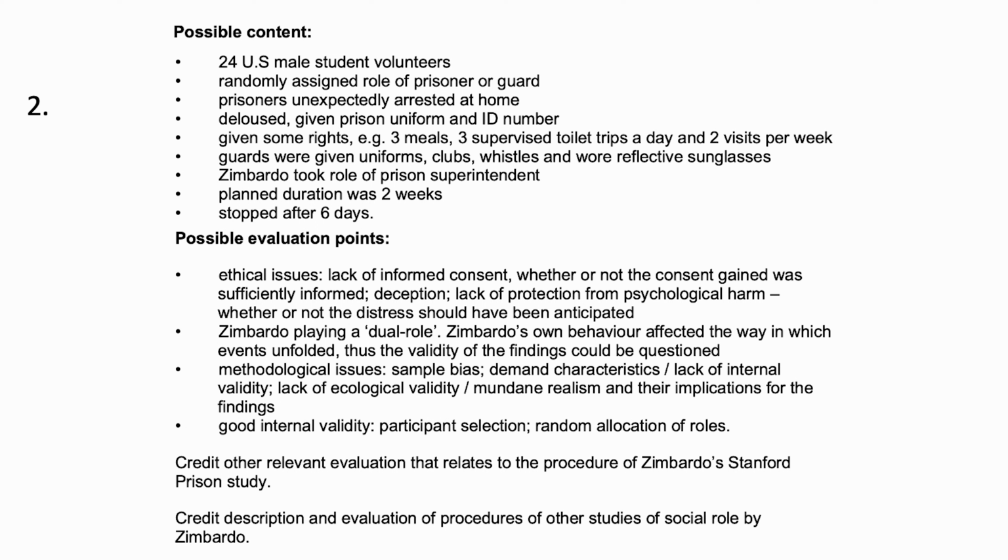Thus, the validity of the findings can be questioned. Methodological issues include sample bias, demand characteristics, lack of internal validity, lack of ecological validity, mundane realism and their implications for the findings, and good internal validity because of the participant selection by doing the random allocation of roles.